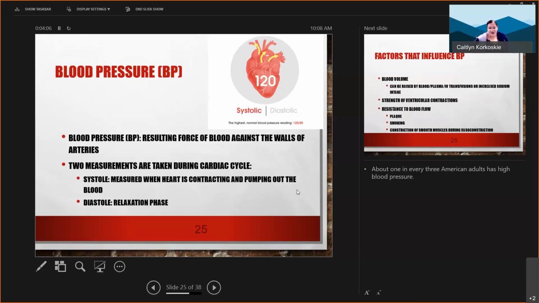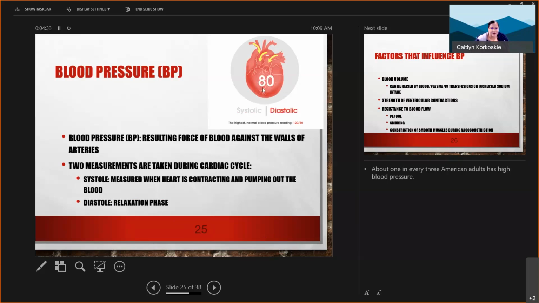So when we're measuring someone's blood pressure, what we are measuring is the amount of force of blood being pushed through the body against the walls of the arteries and veins and blood vessels. So the top number, the systolic number, is measured when the heart is contracting and pumping out the blood. And then the diastolic, or that bottom number, is when it relaxes.